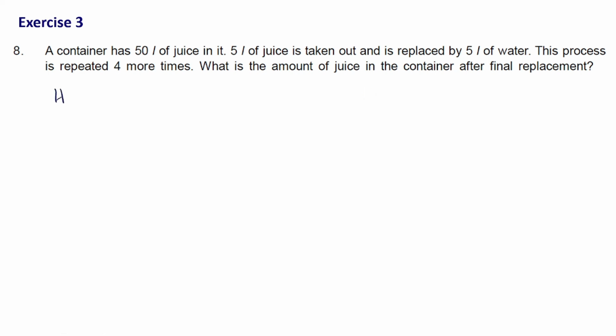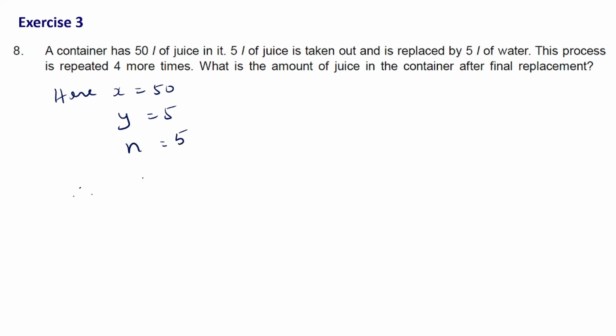So here x is equal to 50, y is equal to 5 and n is equal to, this process is repeated 4 more times. So first it is replaced and it is repeated 4 more times. So n is 4 plus 1, which is 5.